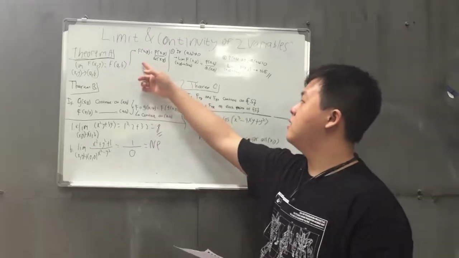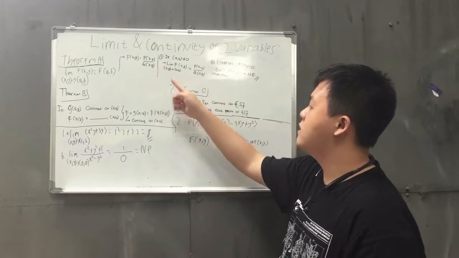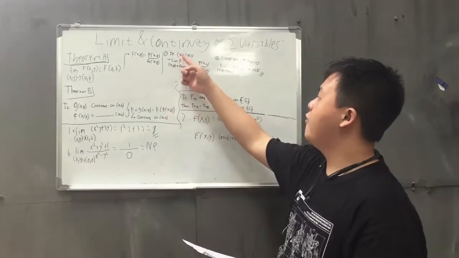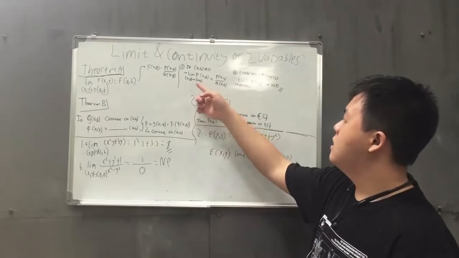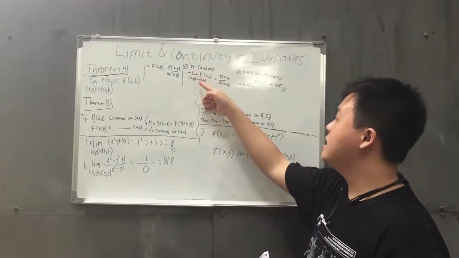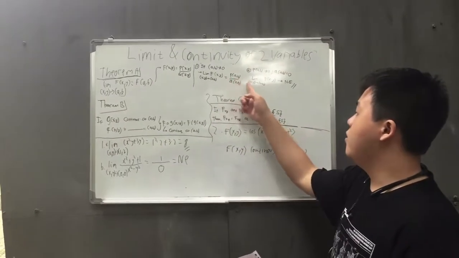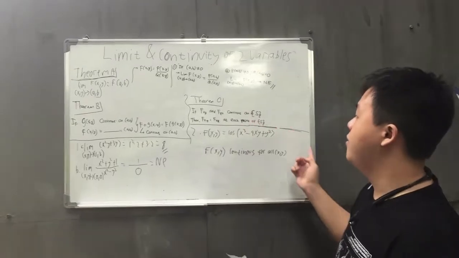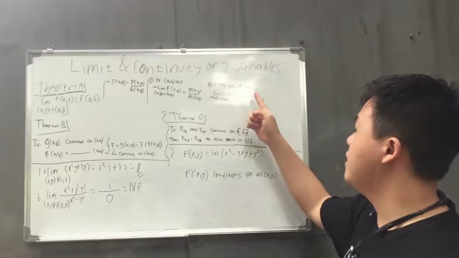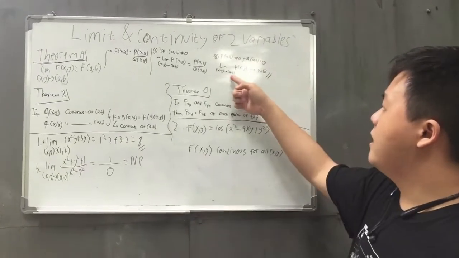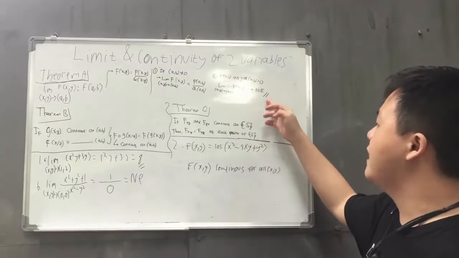And if f(x, y) equals p(x, y) over q(x, y), then if q(a, b) is not 0, it means the limit of f(x, y) equals p(a, b) over q(a, b). And if p(a, b) is not 0 and q(a, b) is 0, then the limit of f(x, y) does not exist.